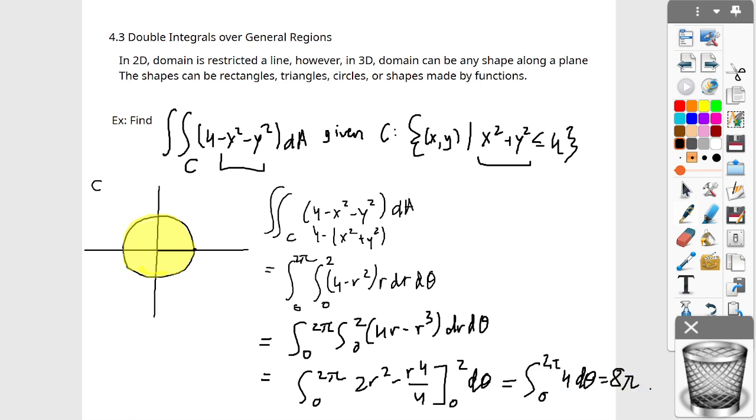So yes, it does evaluate to 8 pi, which is great.